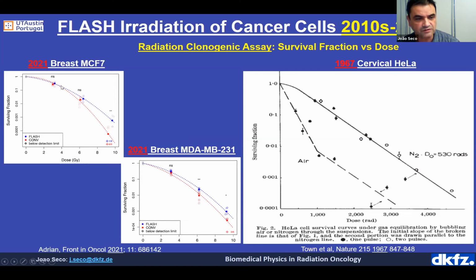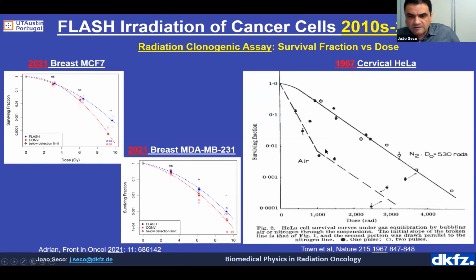Here, the blue curve is the flash curve, the red curve is your standard conventional, and you see a possible convergence for an inflection point of around 2 to 4 gray. And here, you don't see an inflection point. You just see that the blue curve is slightly above the red curve, indicating yes, there's increased survival, and it's statistically significant. As you can see, these double stars and single stars, but there is no clear inflection point.